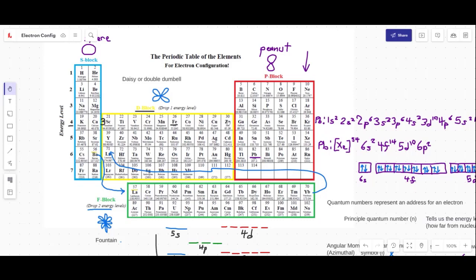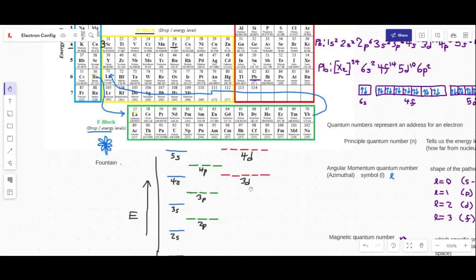That means it can hold 10 electrons. Well, if it can hold 10 electrons, how many orbitals does it have? 5, half that. And likewise, the F block, if you count them across, it's 14. Divide that by 2, you get 7. So that's another way in case you forget.